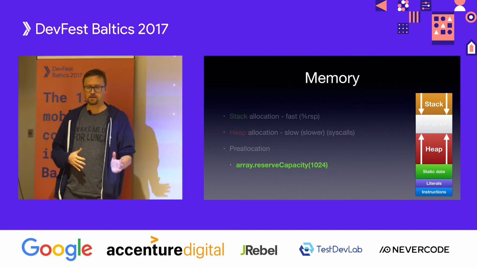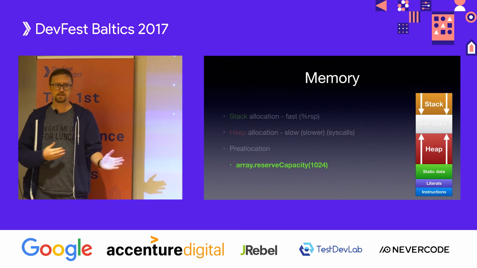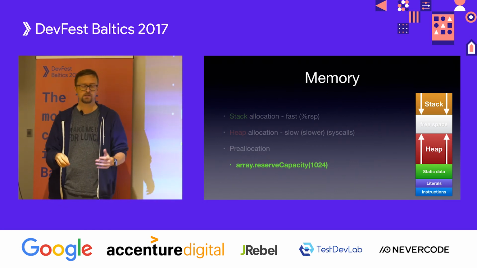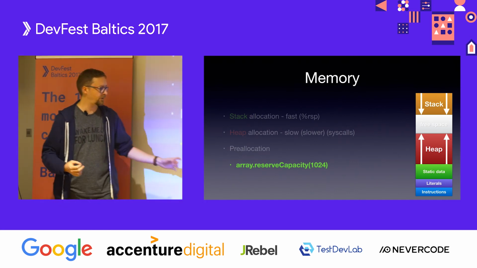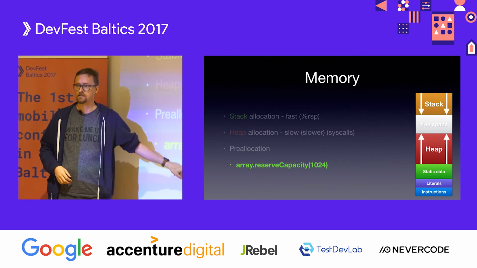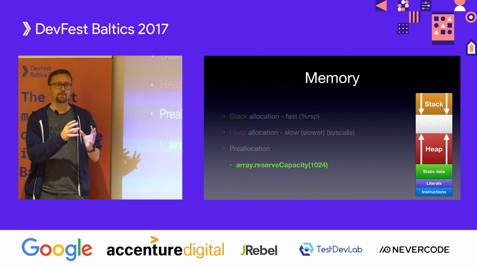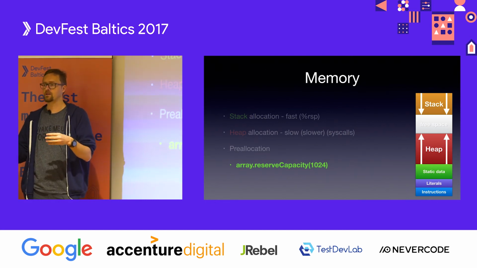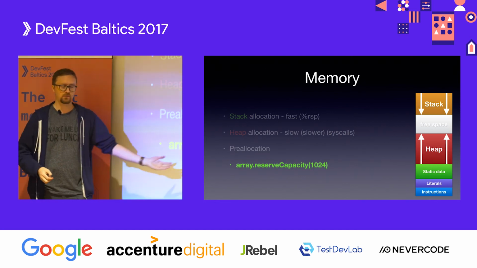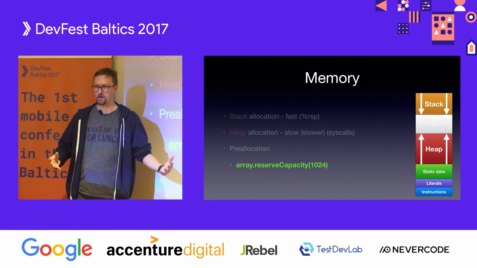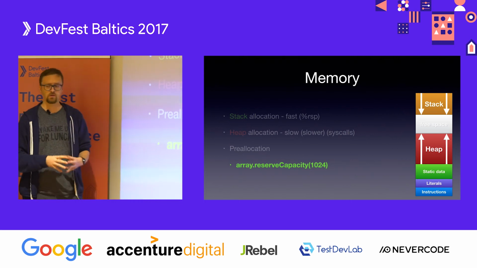Internally it is allocated at that time, but the count is still 0, and you can append values. So what's the benefit? Whenever you call append, it won't allocate more memory, because you already have that memory. You already prepared the variable to work with that chunk of memory.